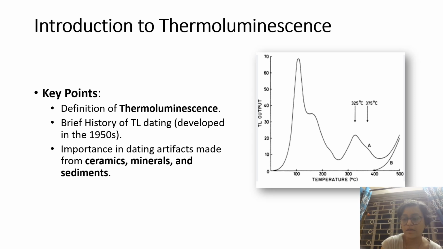So thermoluminescence is often referred to as TL dating. It is a technique which is often used to date materials. It could be materials like ceramic, minerals and sediments. Before knowing this thermoluminescence dating, we would first try to understand the history.